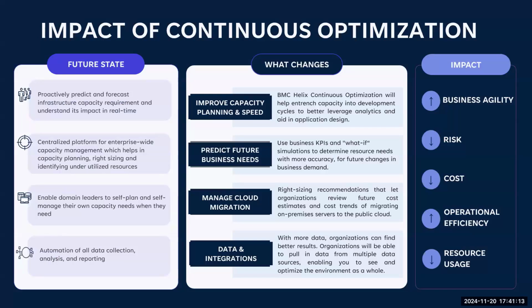Organizations then ask, how do I do this? Because I don't want to be fined, but I don't necessarily have a tool that can do that accurate planning for me. That's where a continuous optimization or capacity tool helps you, because it has all that data.